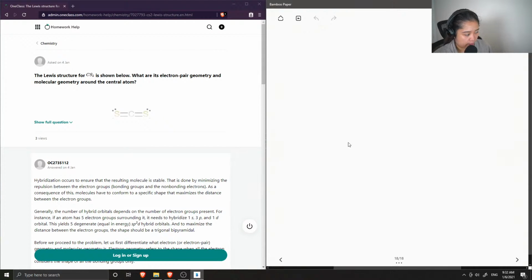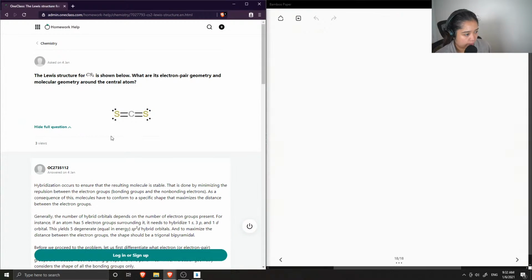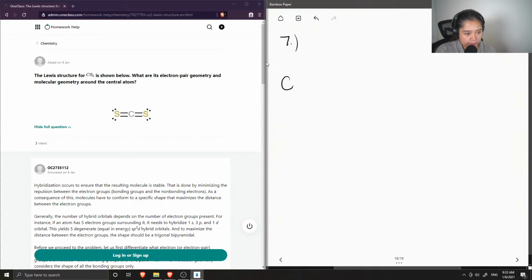Okay, so question 7. The Lewis structure for carbon disulfide is shown below. What are its electron pair geometry and molecular geometry around the central atom? So let's draw the carbon that has 2 double bonds to 2 sulfur atoms.